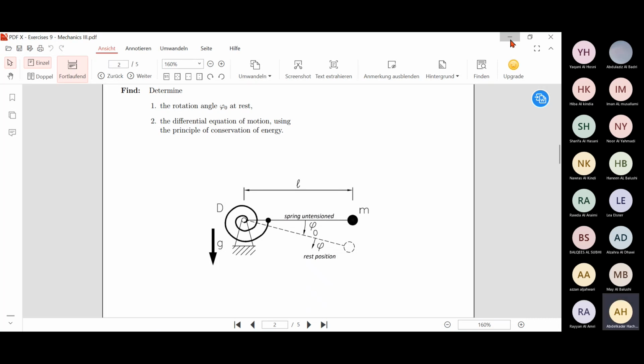Then we write here, by definition, for the first question, it's asked to determine the rotation angle phi zero.